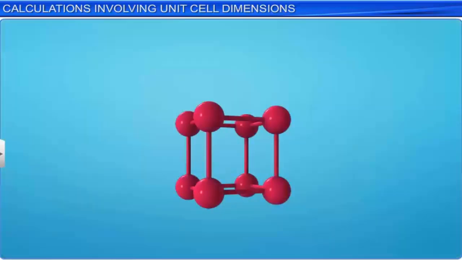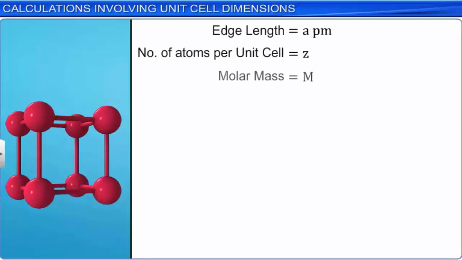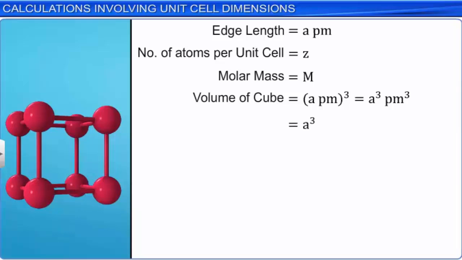Consider a cubic system with edge length A picometers, number of atoms per unit cell Z, and molar mass m. The volume of a cube is equal to A cube picometer cube, which is equal to A cube into 10 to the power minus 30 centimeter cube.